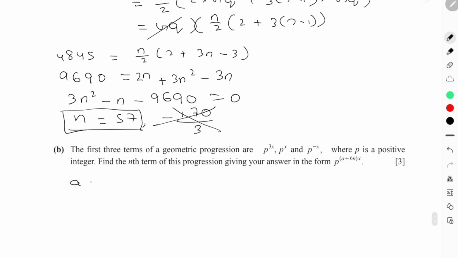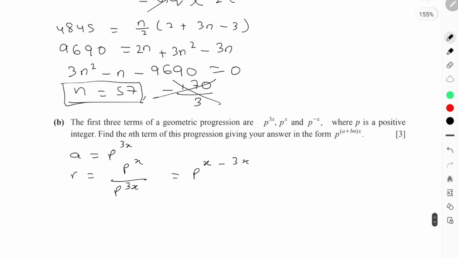So a is basically p to the power of 3x, and r is just going to be p to the power of x divided by p to the power of 3x. So that's p to the power of x minus 3x, that's p to the power of minus 2x.